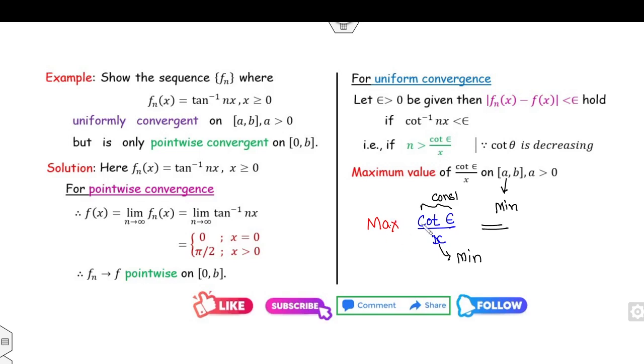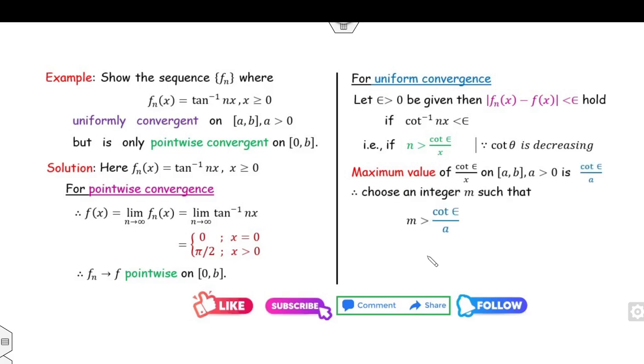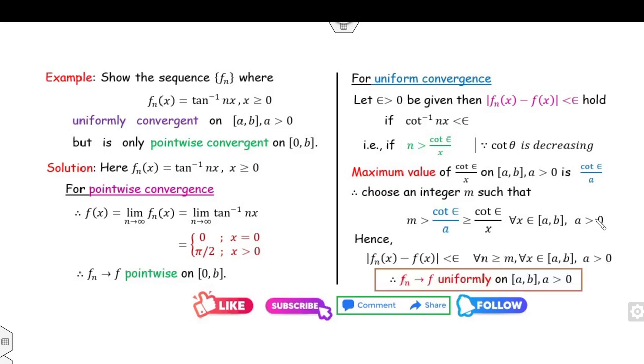So the maximum value is 1 over a cot epsilon. Therefore, we can choose the value of m so that this condition holds, this being the maximum value of cot epsilon over x for all x between a and b, provided a is non-zero. Therefore the sequence converges uniformly for all those intervals in which 0 does not belong.